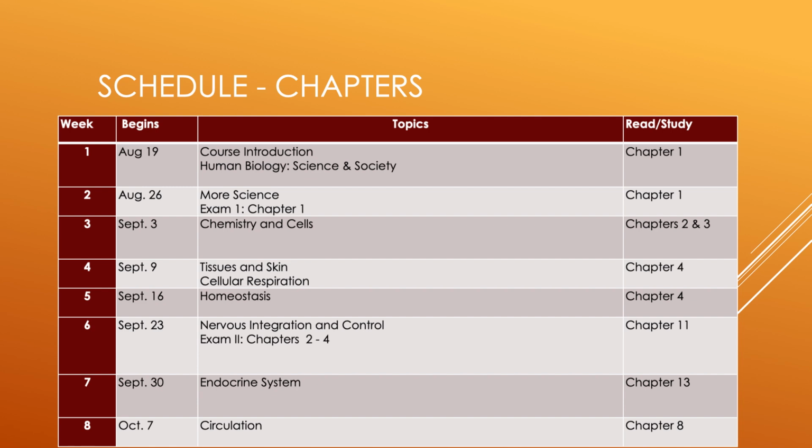The exams are listed and scheduled already, so the first exam is scheduled for the end of next week. Wow, that comes fast. And then the second exam is for the week of September 23rd. Okay, so that's the schedule for the first 8 weeks.